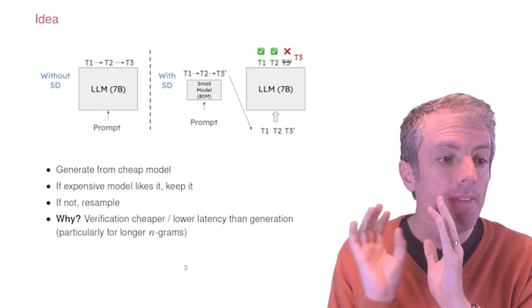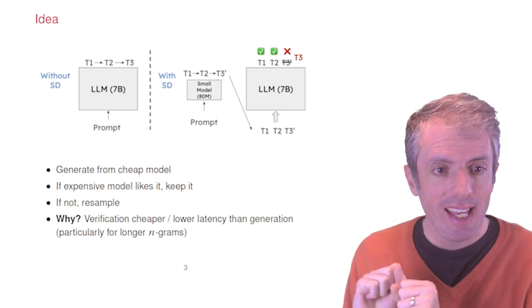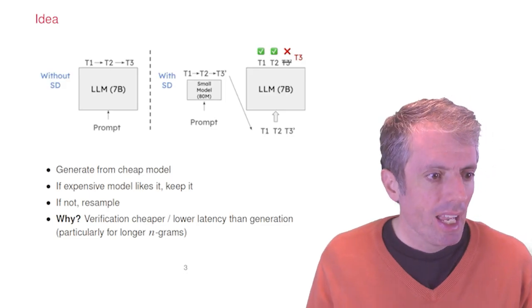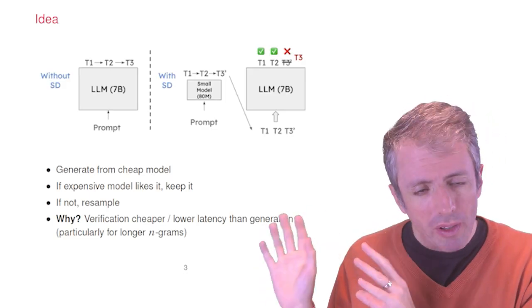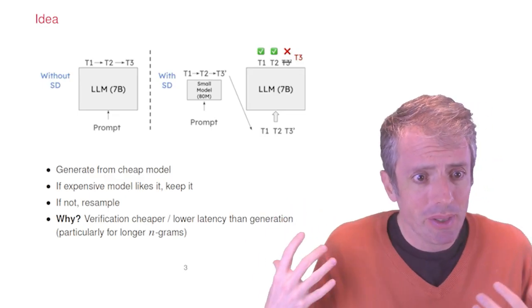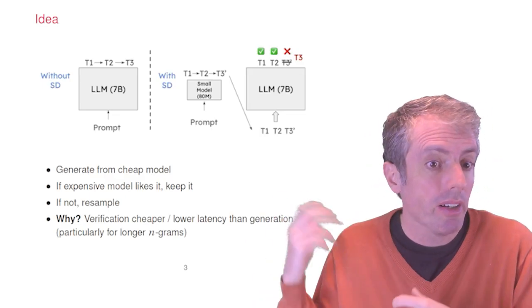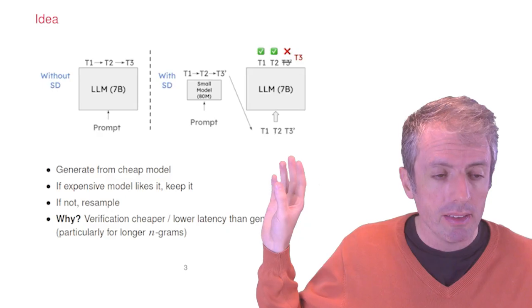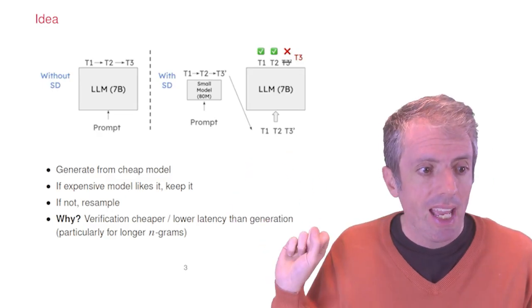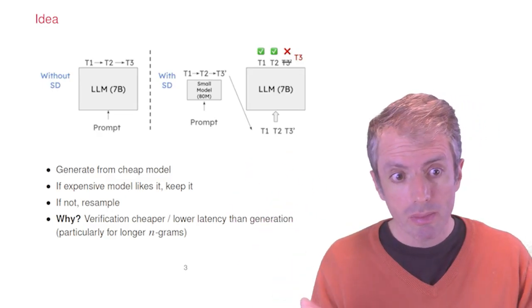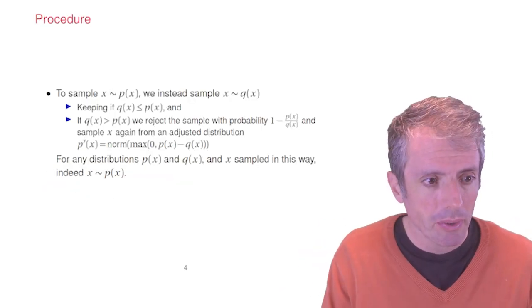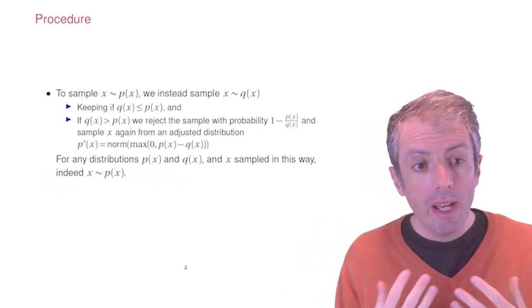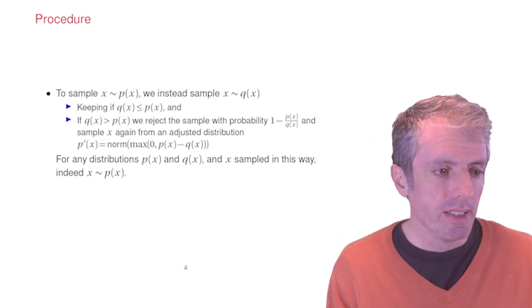Because it's easier to verify an output than generate it. This holds particularly true for longer n-grams. We won't work through this here today, but hopefully you can understand why that would be. If we could generate gamma tokens from this much smaller model and test it out on the larger model, you can do that all at once. That's how transformers work.